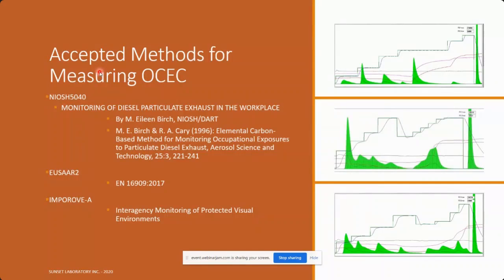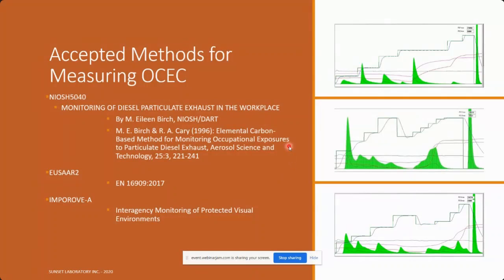There's a number of papers written about this. The most notable one is this 1996 paper. EUSAAR is a European method that uses a slightly different heating profile. It's slightly longer. And then there's IMPROVE-A, which uses another different heating profile.